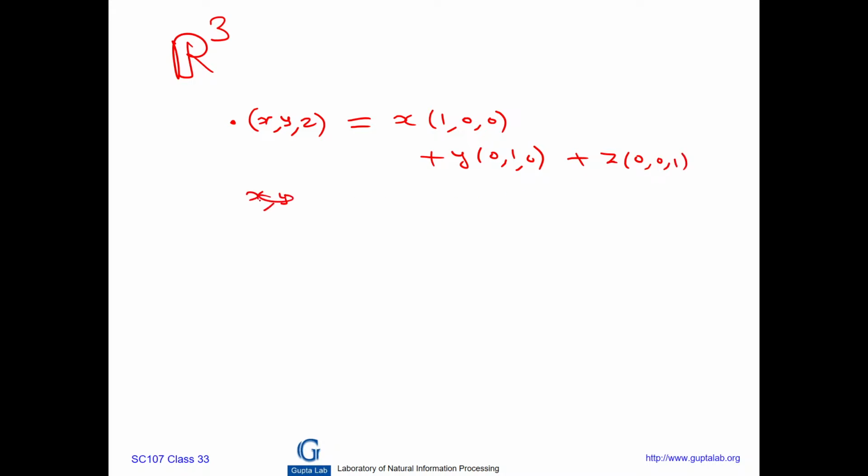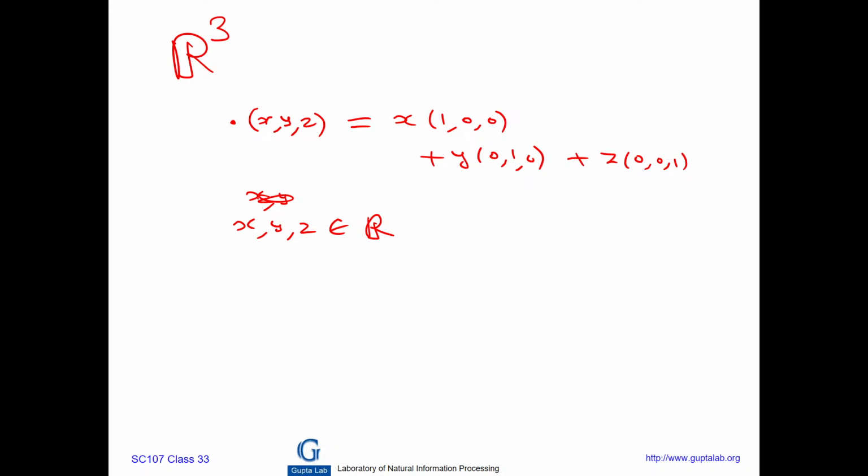Any point (x, y, z) is a linear combination of x times (1, 0, 0) plus y times (0, 1, 0) plus z times (0, 0, 1), where x, y and z each separately belong to R. So any point in the three-dimensional space is a linear combination of these three vectors.